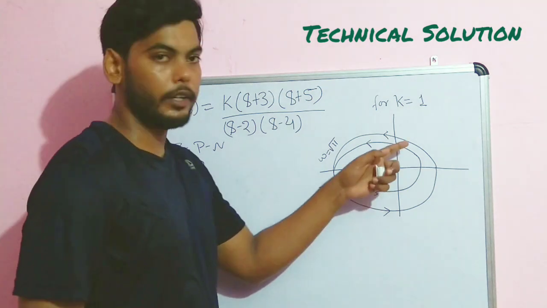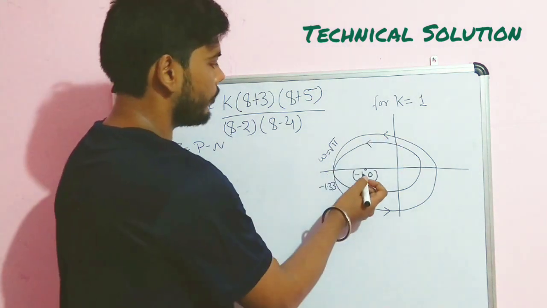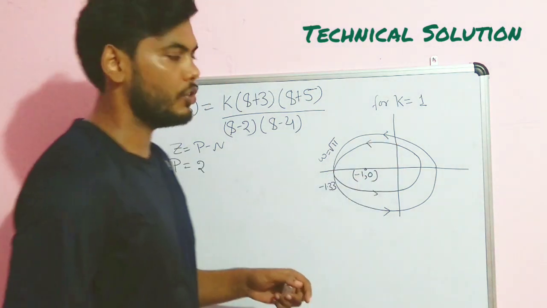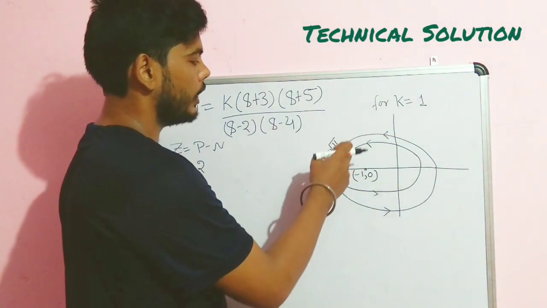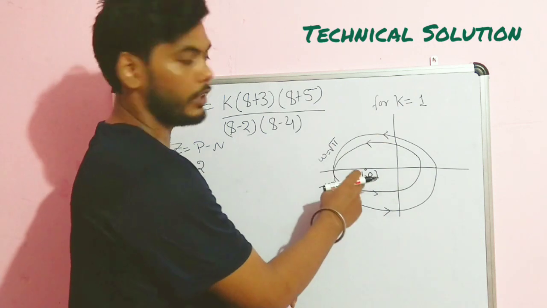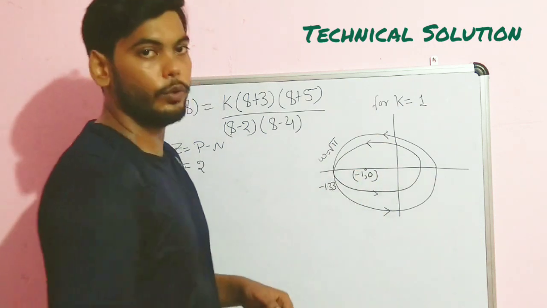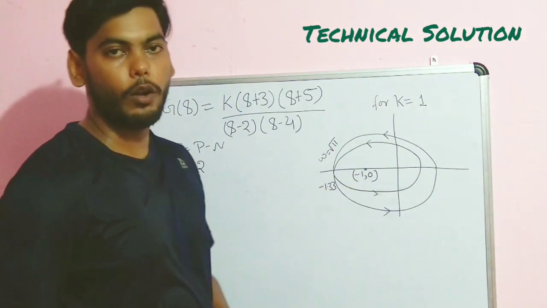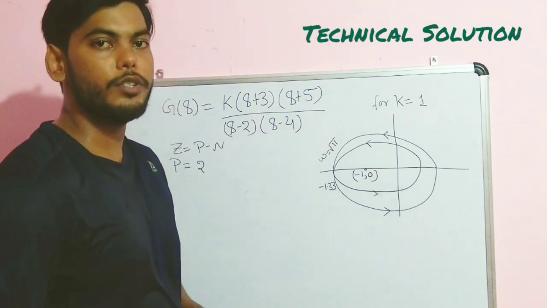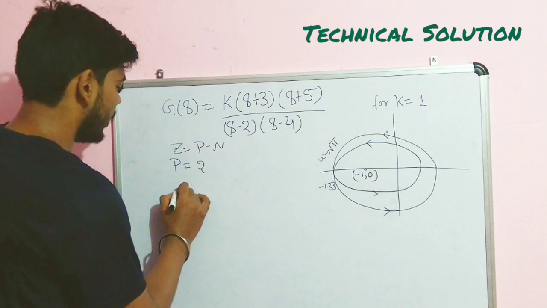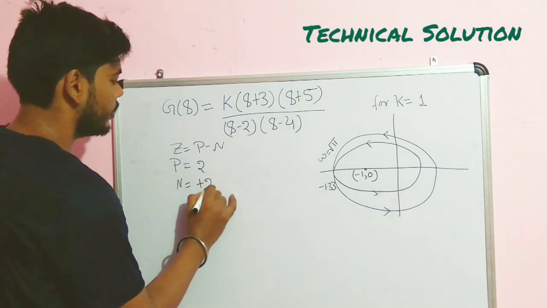From the Nyquist plot, the reference point is minus 1 comma 0, and the Nyquist plot encircles the reference point minus 1, 0 two times in the anti-clockwise direction. So the value of N is equal to plus 2.